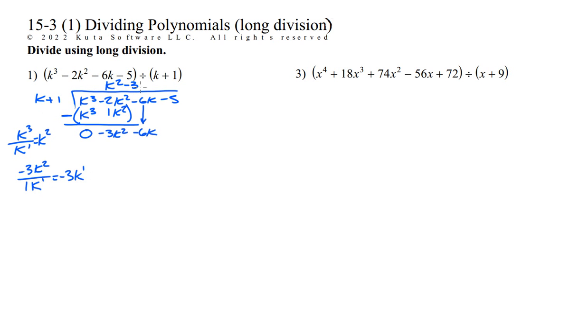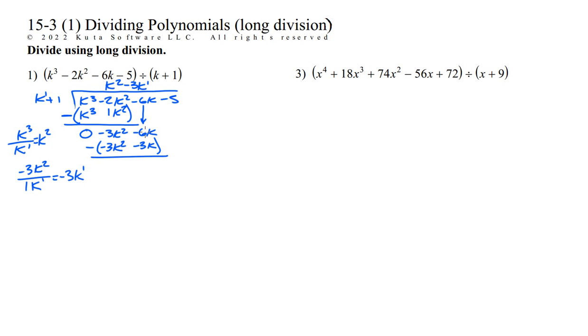So we get minus 3k to the first. Okay, so then we take our negative 3k to the first times k, and that is negative 3k to the first times k to the first is k to the second, and then negative 3k times 1 is negative 3k, right? But we're going to subtract this whole thing.